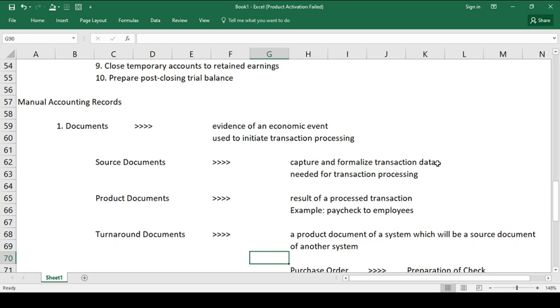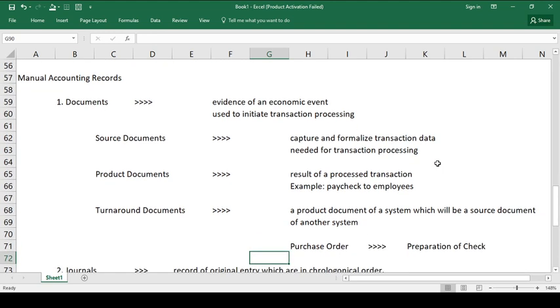And then we have what we call the turnaround documents. Ano po itong turnaround documents? A product document of a system which will be a source document of another system. Ibig sabihin po nun, for example, a purchase order.